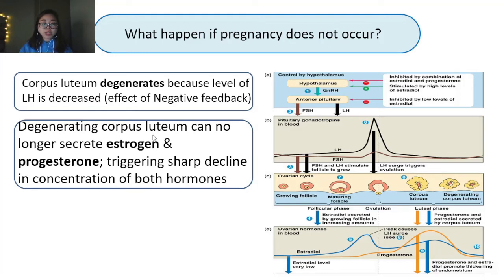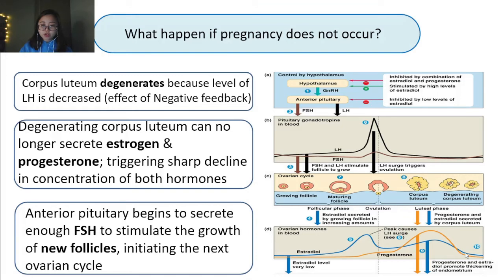The degenerating corpus luteum can no longer secrete estrogen and progesterone, thus triggering a sharp decline in the concentration of both hormones. When the corpus luteum dies, the levels of progesterone and estrogen will drop suddenly.